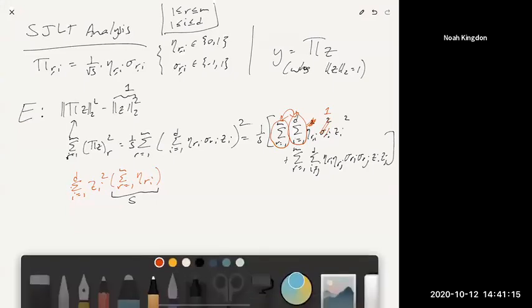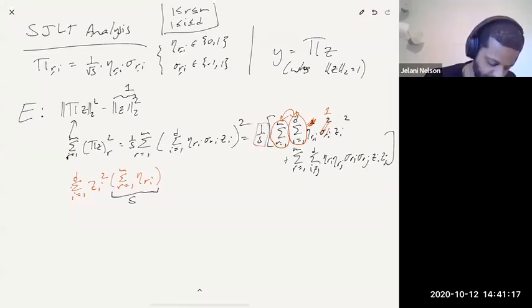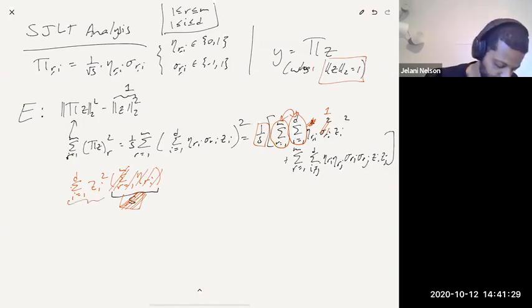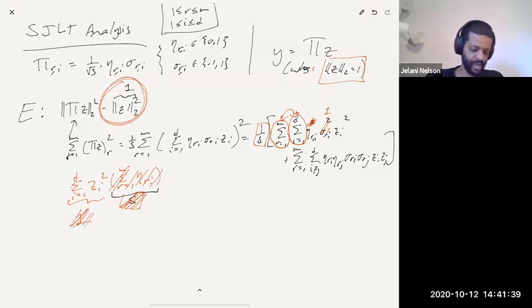So remember now, there's this 1 over S, and then there's this S. So that cancels. So this goes away. And the sum of zi squared is 1, right? But remember, there's a minus 1 here too. So that cancels. So that just goes away.